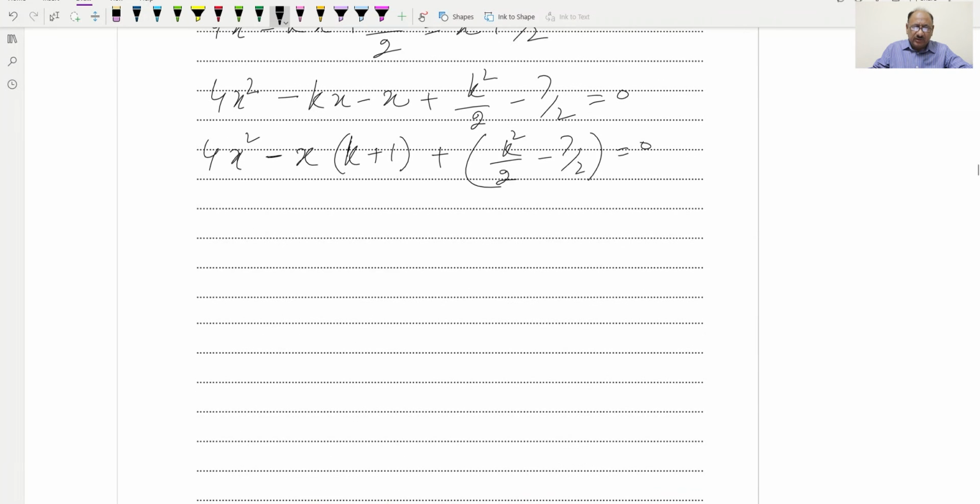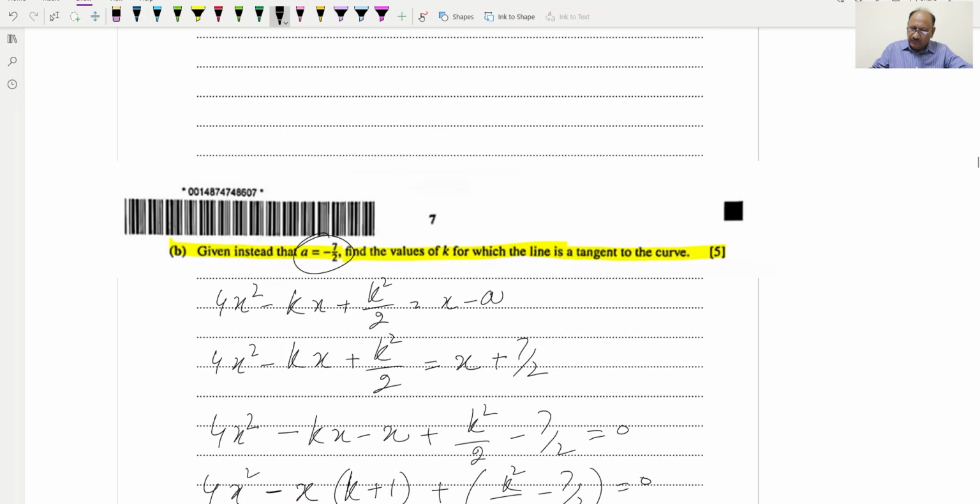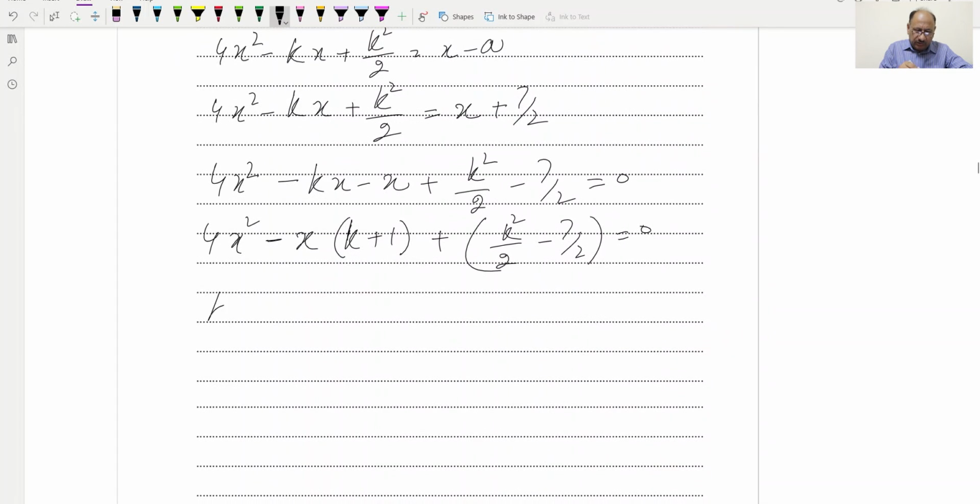Now this is a quadratic equation, and they're saying that the line is tangent to the curve, so it's touching the curve at one point, so the discriminant b square minus 4ac is equal to 0.